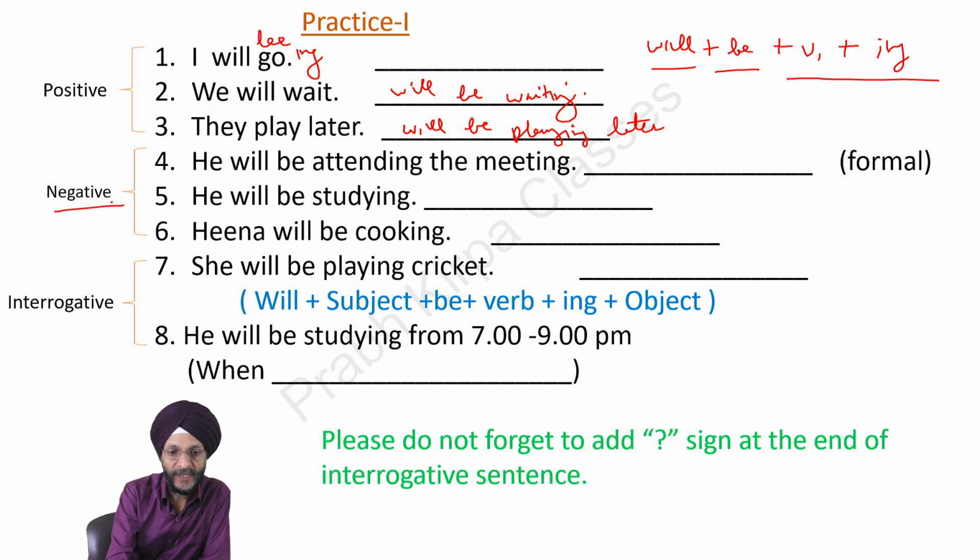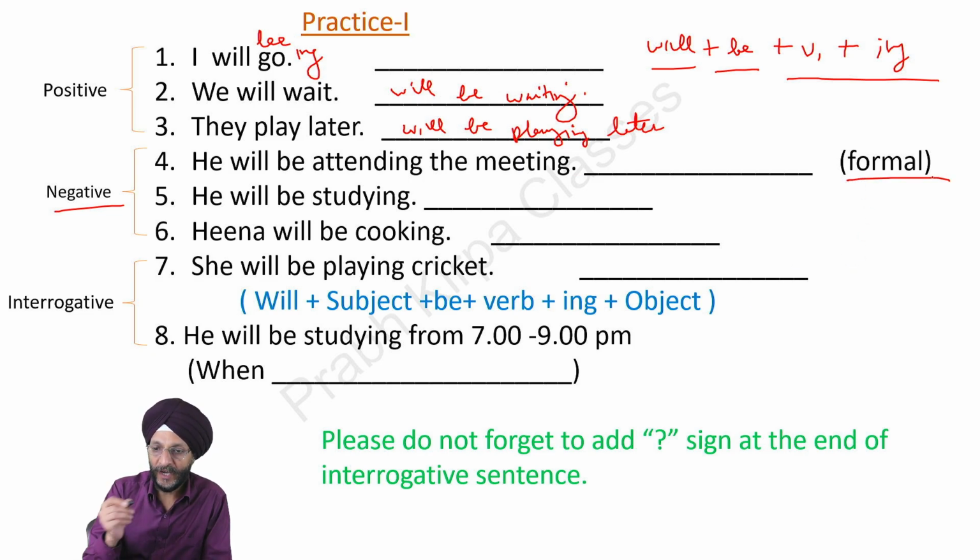Now we do the negative formation. He will be attending the meeting. So here we have written formal. If we are answering in formal, we will not use won't. Someone has asked whether he will be attending the meeting.